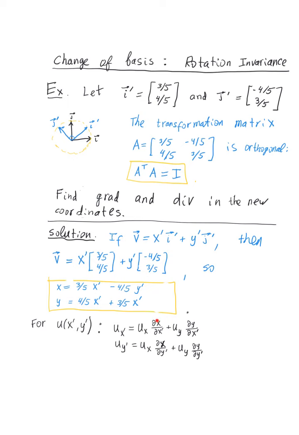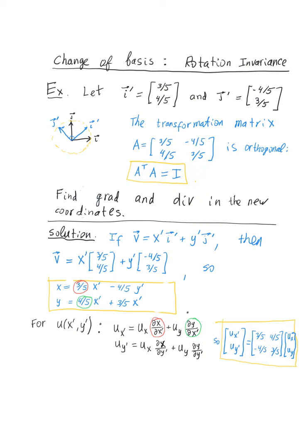Now, the partial derivative dx/dx prime is simply 3 over 5. Similarly, the partial derivative dy/dx prime is 4 over 5. And similarly for the other two partial derivatives.